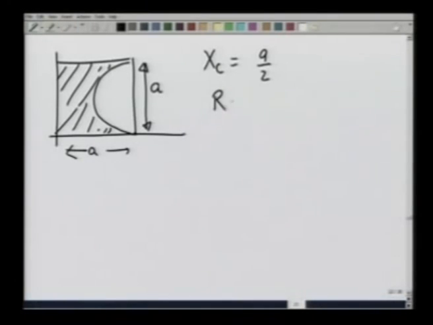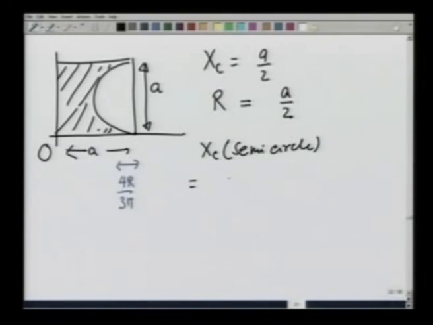The radius of the semicircle is equal to a divided by 2, and I know from the base, we already calculated this, the centroid is at a distance of 4 r divided by 3 pi, and therefore, xc with respect to this origin of the semicircle is going to be equal to a minus 4 over 3 pi times a by 2, which is a minus 2a by 3 pi. This is the xc of the semicircle.